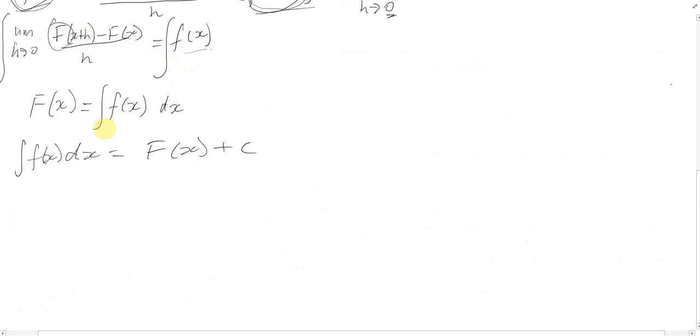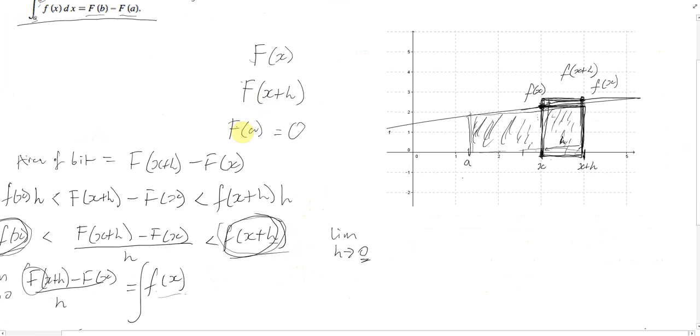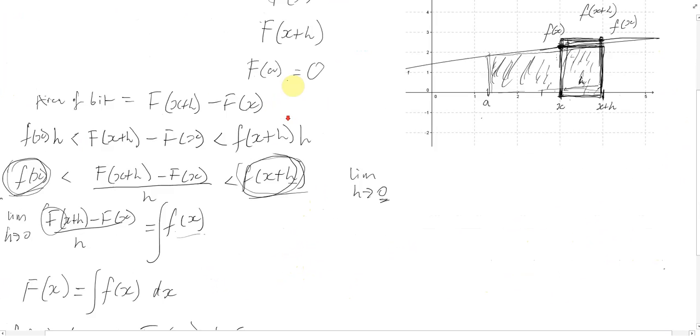That's just writing the same thing in another way. Okay, now let's think about what happens when x is equal to our point a. And you'll remember that big F of a we've already defined to be 0 earlier on, when we first talked about what big F of x is. We said F of a is equal to 0.